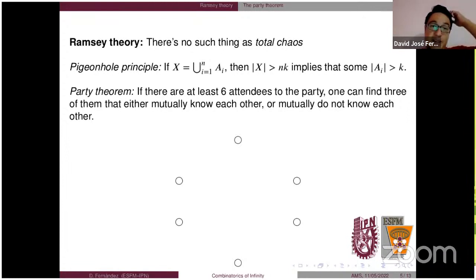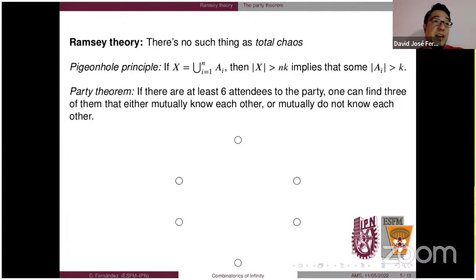And well, since I think that every talk, even if it's an overview like this, not for specialists, is good if it contains at least one proof, let me at least try to prove this theorem. Here I have my picture of 6 vertices.